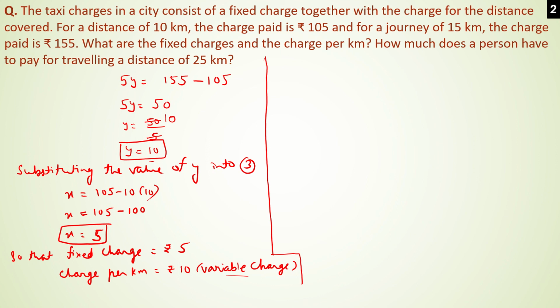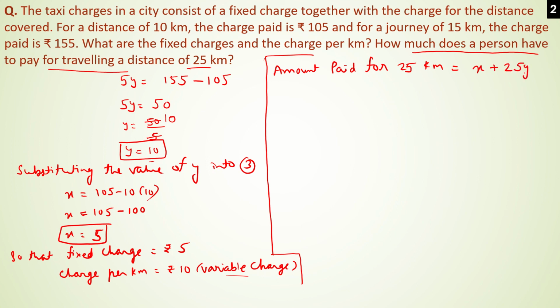Now the question says, how much does a person have to pay for a traveling distance of 25 kilometers? So amount paid for 25 kilometers will be equal to x plus 25y.